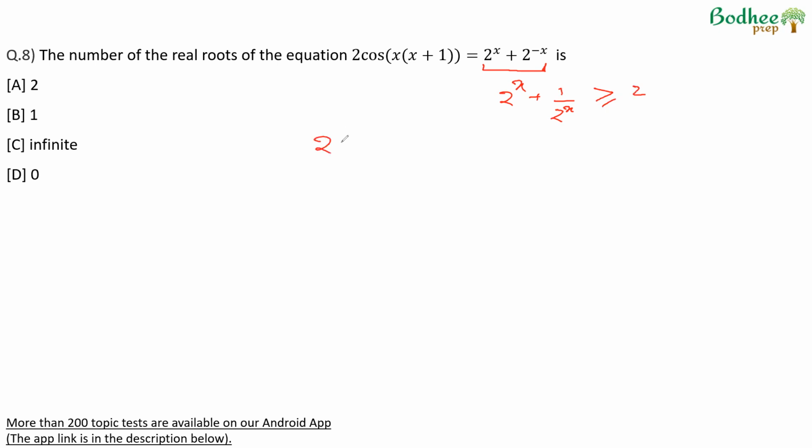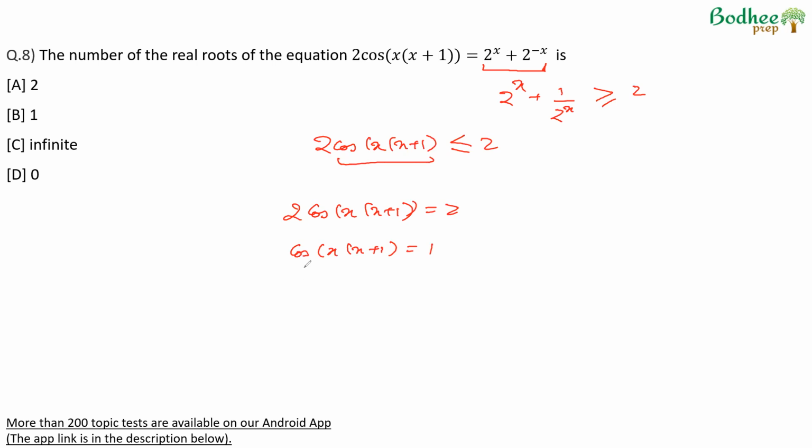And we know that 2 cos x into x plus 1 has to be less than or equal to 2 because the maximum value that cos takes is 1. So they will be equal only when 2 cos x into x plus 1 is equal to 2. That is the only value that is common to both of them, which means cos x into x plus 1 should be equal to 1.